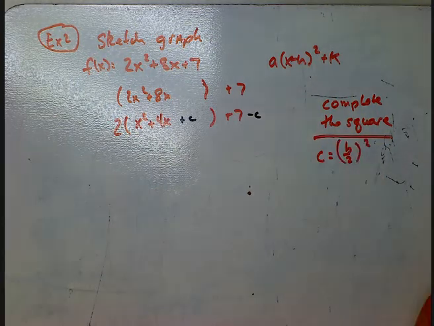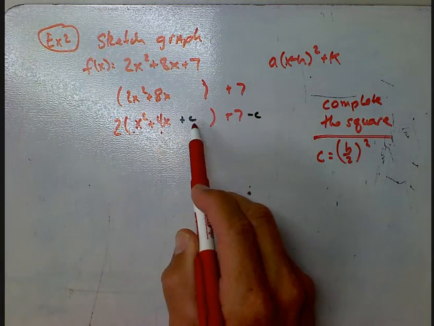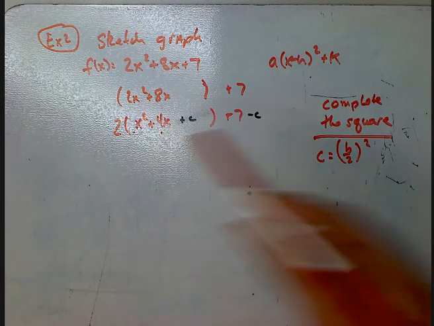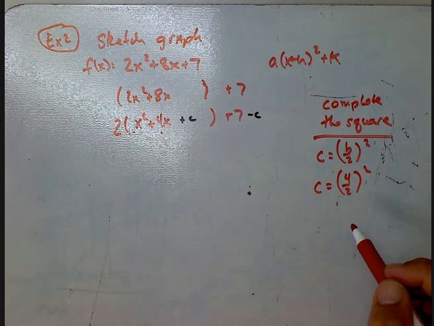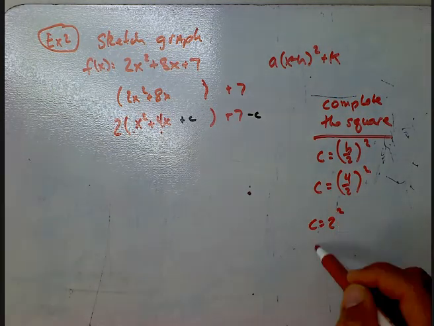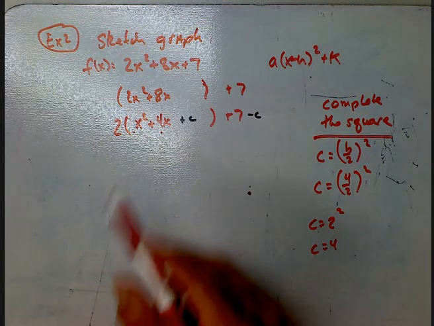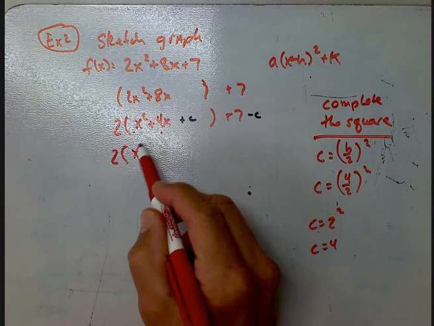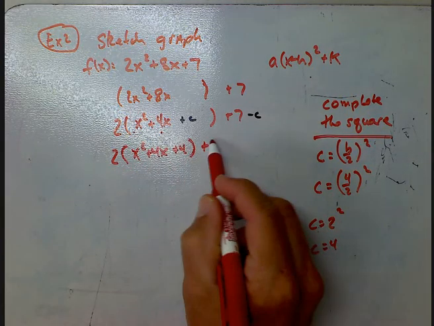If you recall from algebra 1, a is 1, b is 4, and c is the number here by itself. So c is 4 divided by 2, then we square that. 4 divided by 2 is 2, squared is 4, so the number we're looking for is 4. So this becomes 2 times x squared plus 4x plus 4, plus 7.